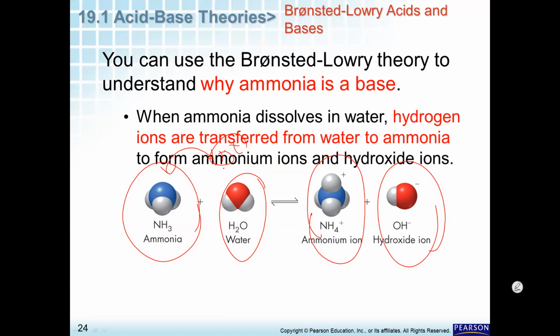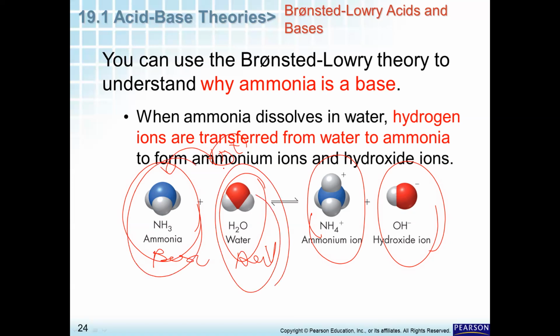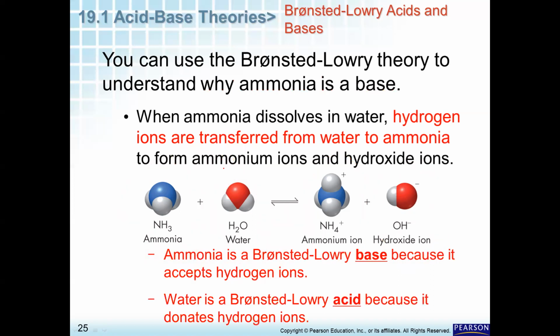Like the water in this case is acting as an acid, and ammonia is acting as a base, because this one is donating the hydrogen, this one is accepting the hydrogen, and we produce the ammonium ion and the hydroxide ion. So with this definition, now we can include ammonia as a Bronsted-Lowry base, although if we only use Arrhenius, it's not defined as a base.